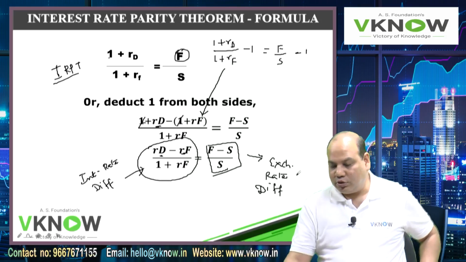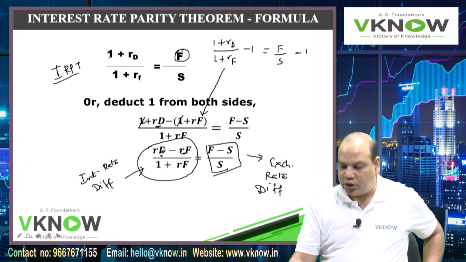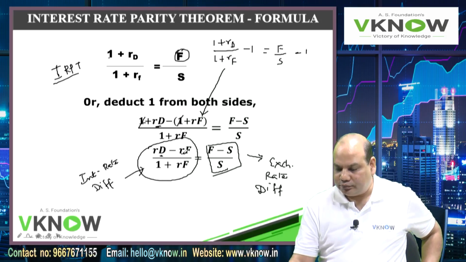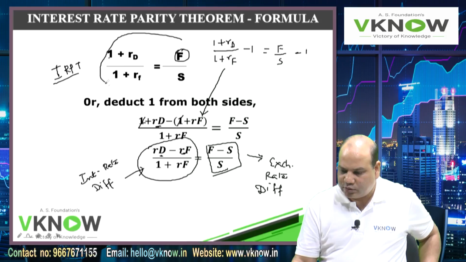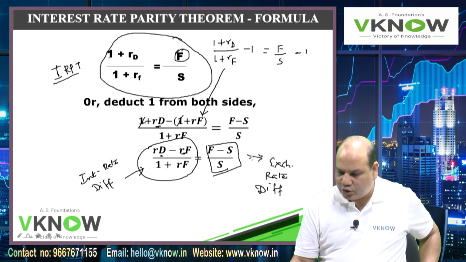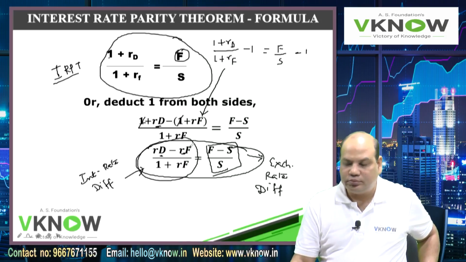So in some question, suppose they only give you RD, RF, then also we can solve and find out some missing number on the right side. Okay. So both formulae can be used for finding the missing number. Either you can use this formula or you can use this equation, whichever you find simpler.